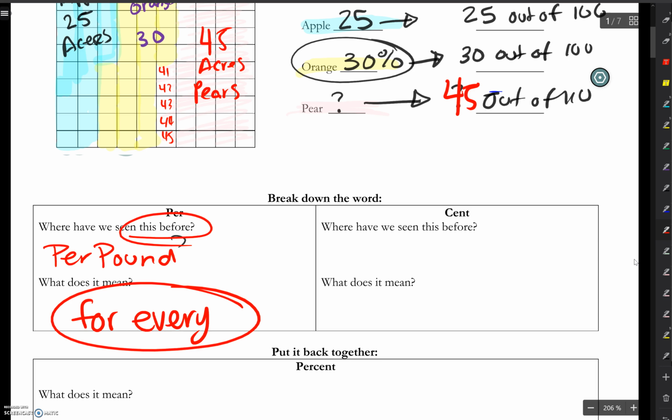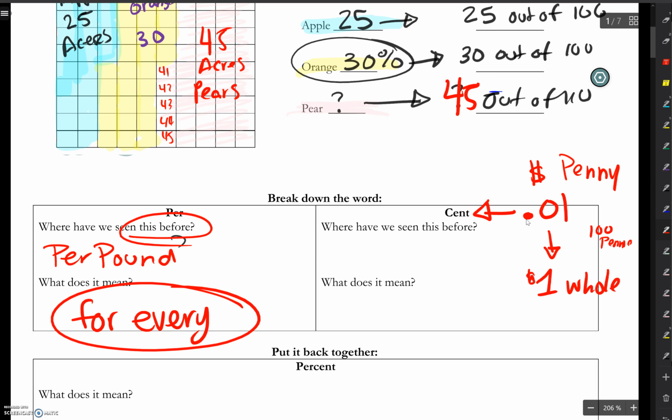Where have you seen the word cent before? Cent is 0.01 when we have money, which is a penny. And we know that 100 pennies equals a whole dollar. One whole dollar. So percent means for every 100.